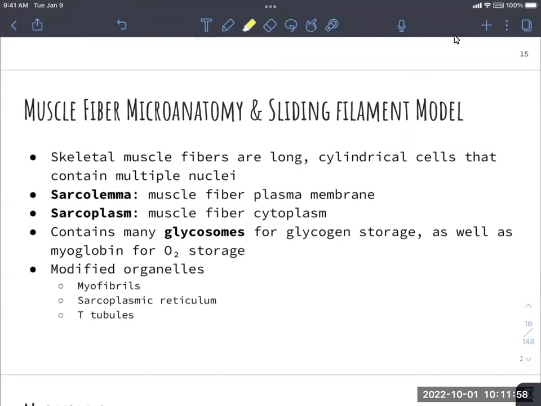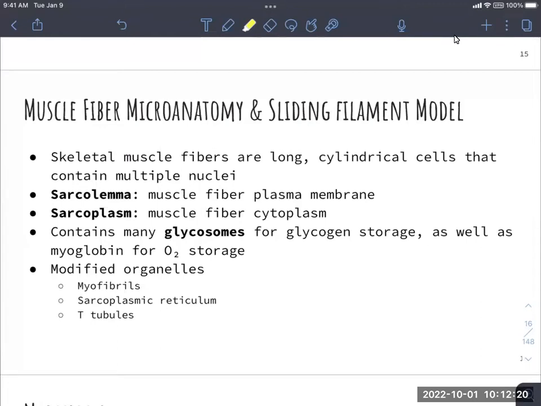So let's start looking at how muscles work. Let's look first at the anatomy of each individual fiber, and then we're going to go into the sliding filament model to see how muscles fully contract.